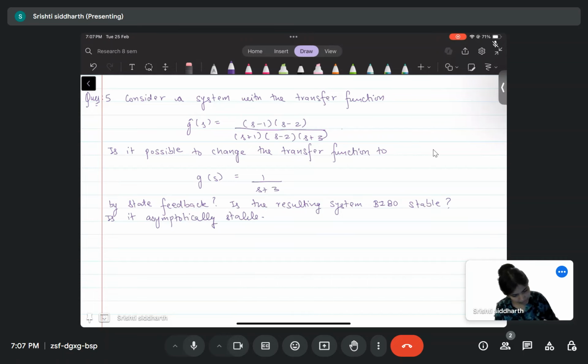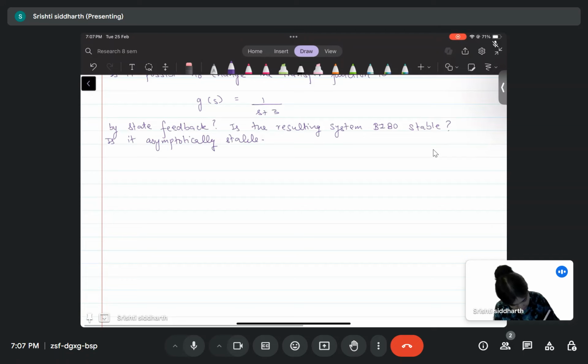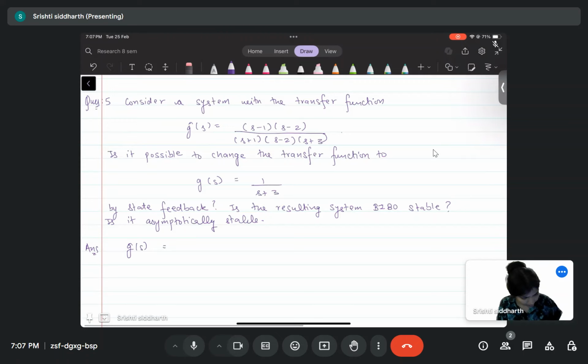Alright, so the original transfer function is g hat of s equals (s minus 1)(s minus 2) over the denominator, and the poles are at 1, 2, and minus 3.